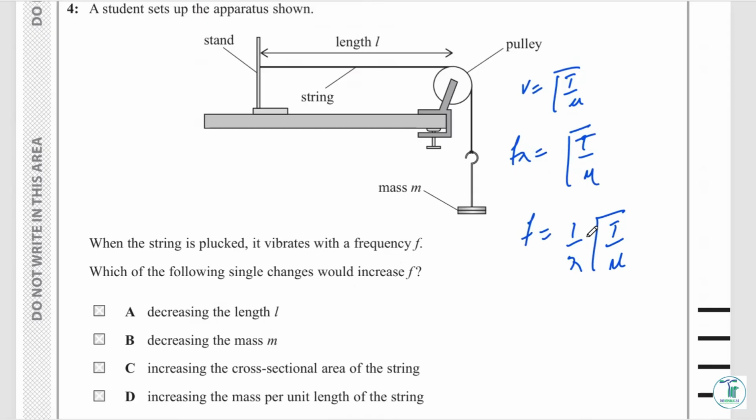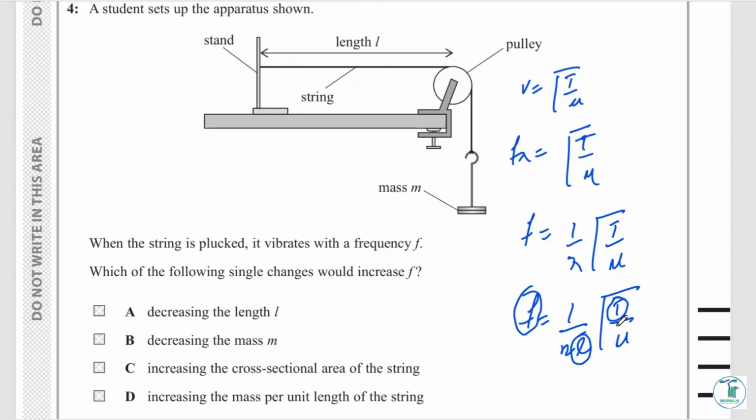Once we have this formula, everybody knows that the wavelength in a string can be expressed in terms of length, right? We've done this derivation in the chapter. So that must be n times L, number of loops times L, root of T upon mu. You can see that frequency and length are inversely proportional to each other. Frequency and tension are directly proportional to each other.